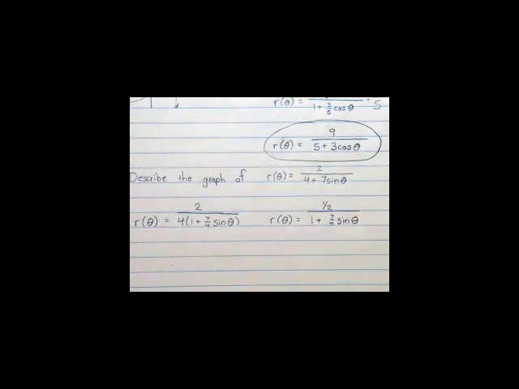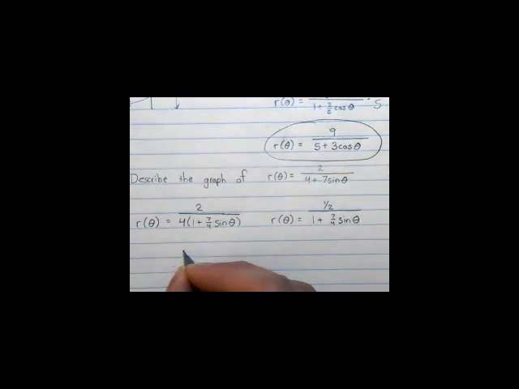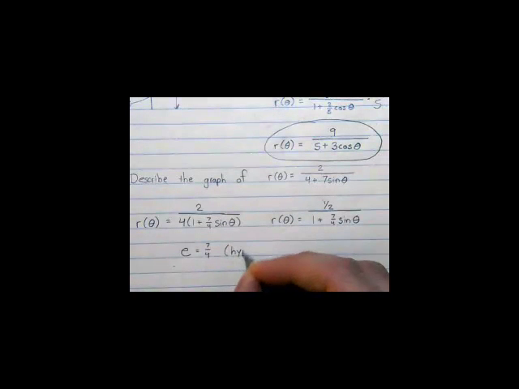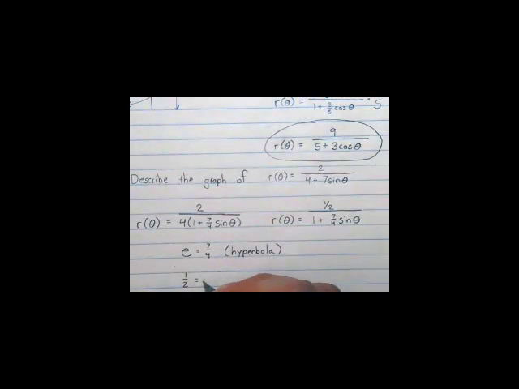Yep, exactly. So, yeah, the eccentricity is 7 over 4. So what kind of conic do we have? Hyperbola, right? Okay, and like Tiffany just said too, then the 1/2 we know is equal to EK.